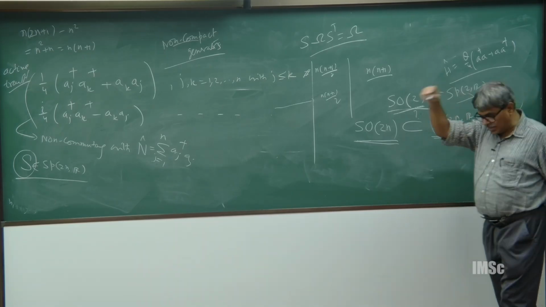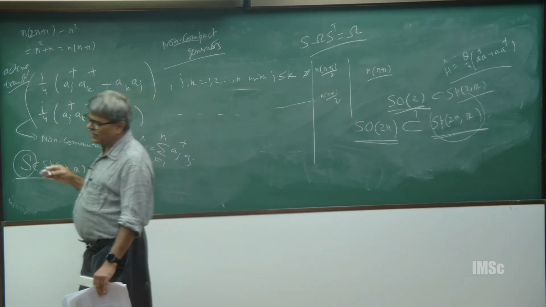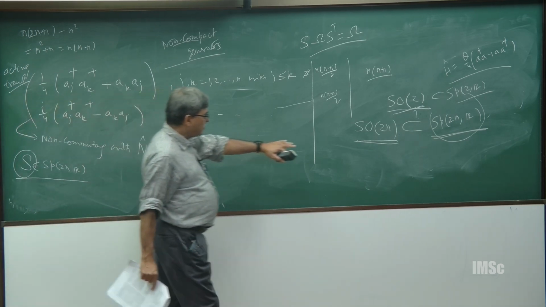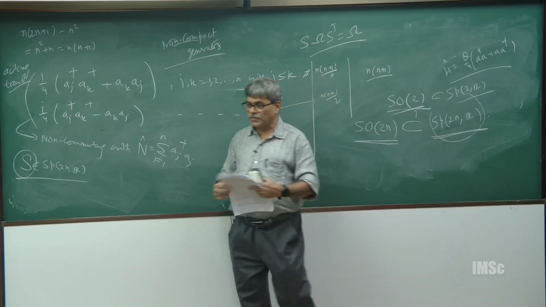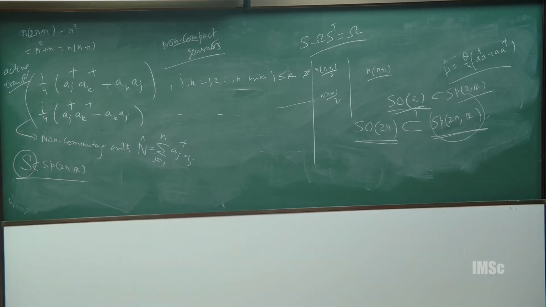For example, you can take the 4 dimensional space, 2x and 2p. There you can come up with some rotation, orthogonal matrices which are not elements of this, which do not give rise to symplectic transformations.